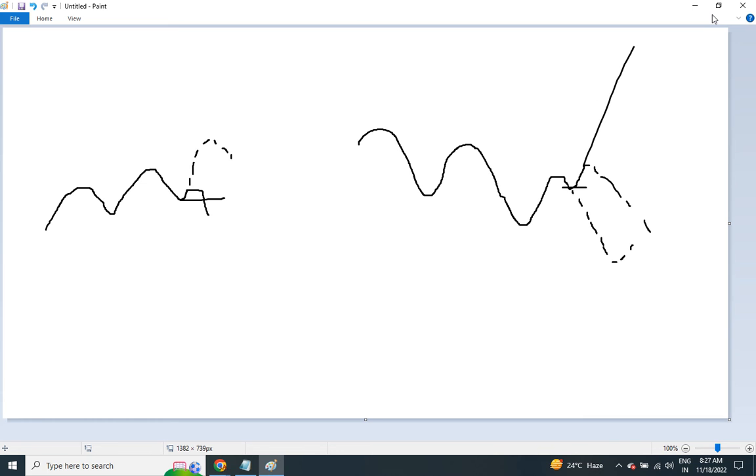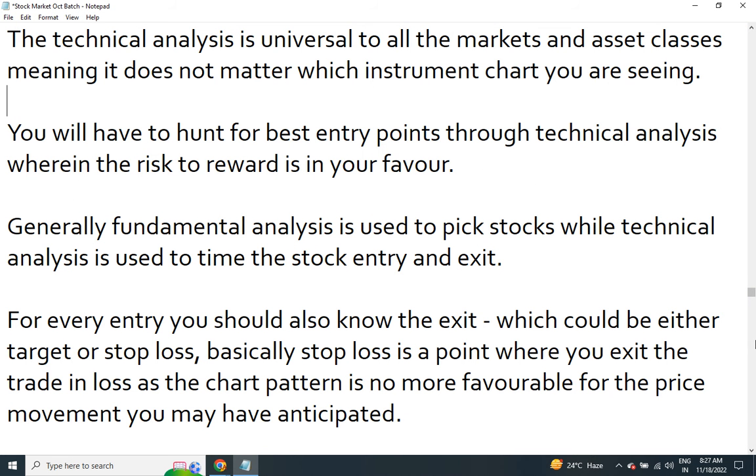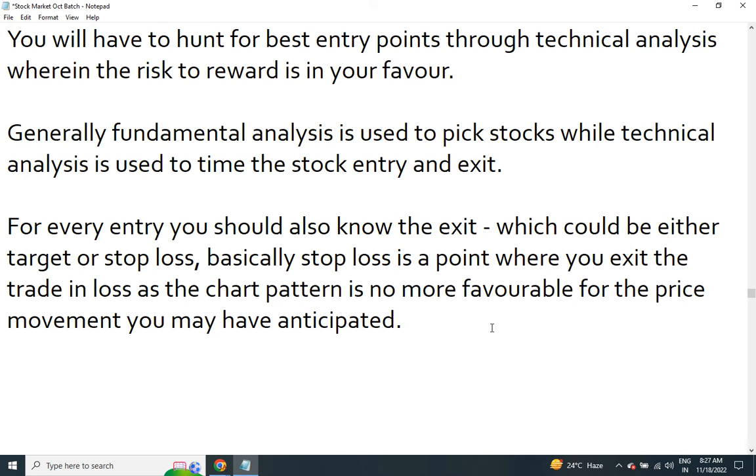And most importantly, no room for emotions. Very important point, note it down. There is no room for emotions.